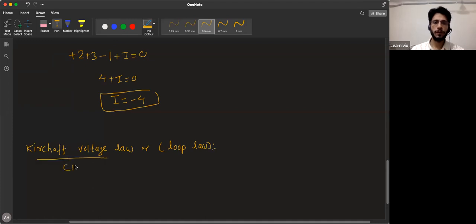The short form is KVL. We'll always write it as KVL. This is based on conservation of energy.